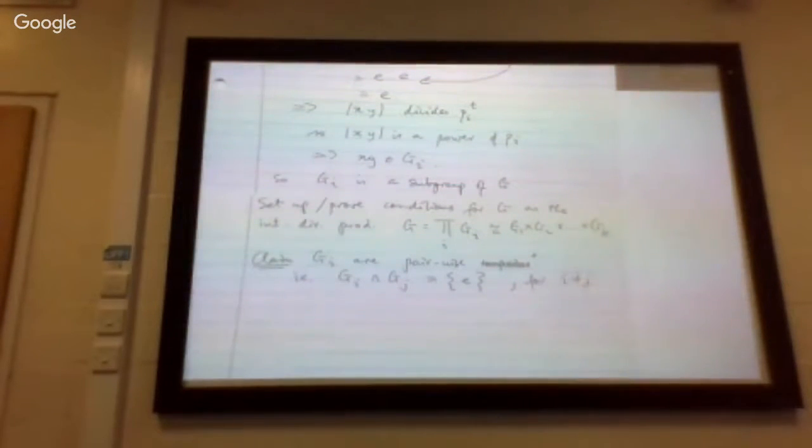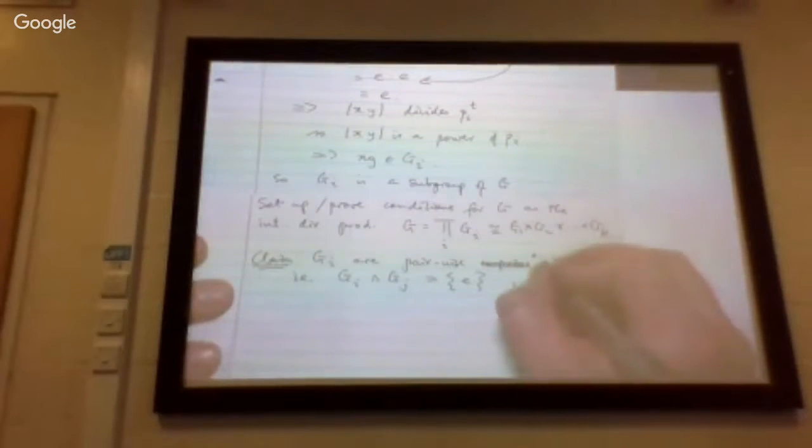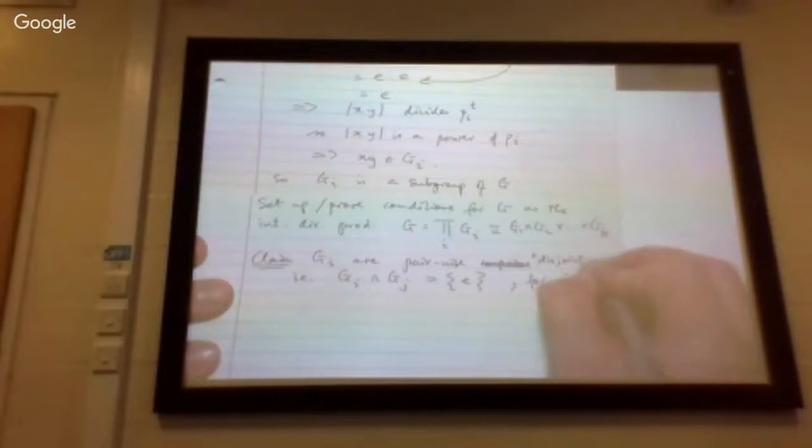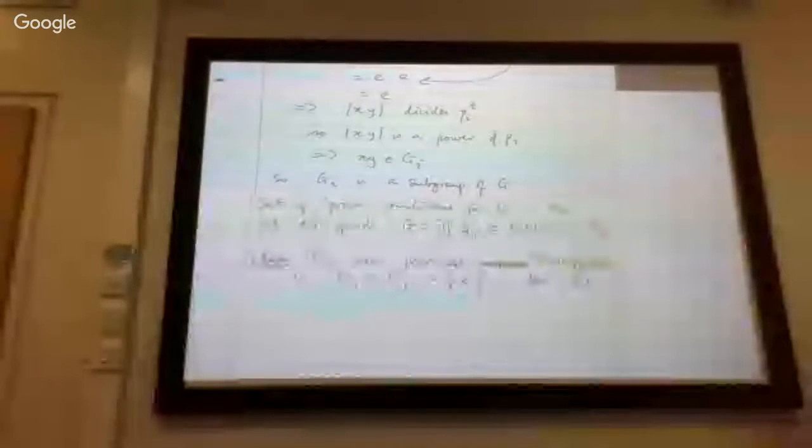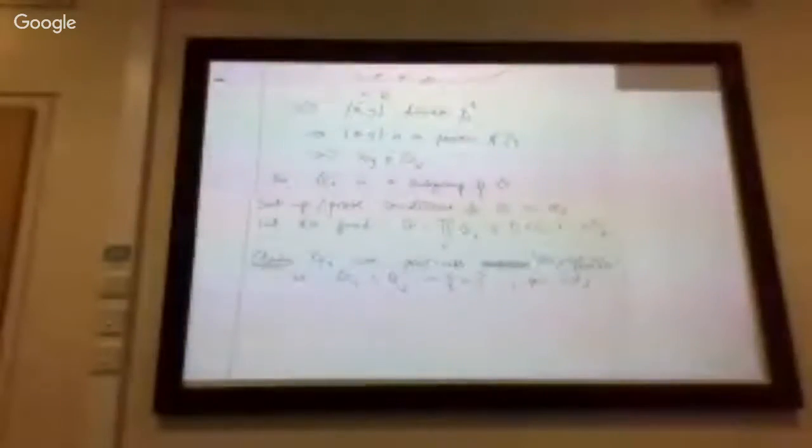It kind of lacks a word for it, so I'll put it in quotes. This isn't common terminology, but pairwise is disjoint as possible. Subgroups can never be completely disjoint because they must overlap in the identity, but as disjoint as they can be.